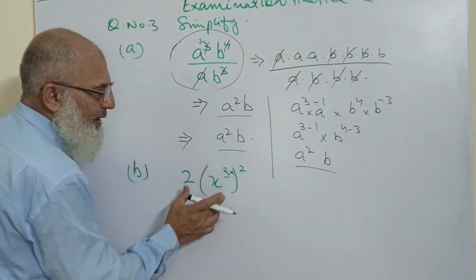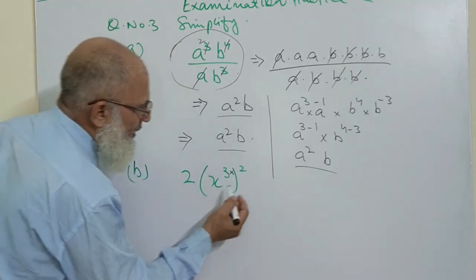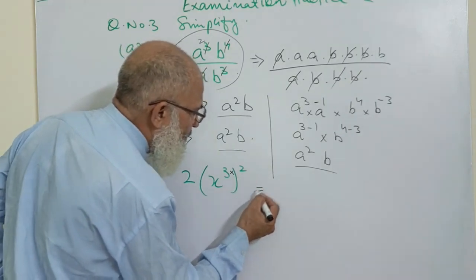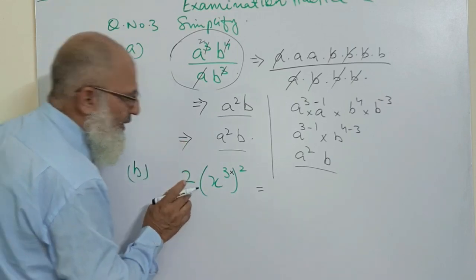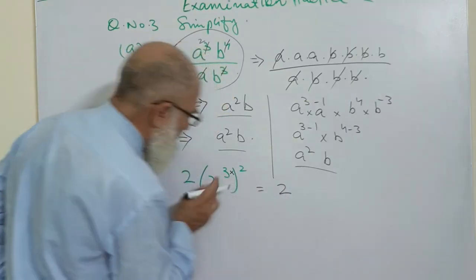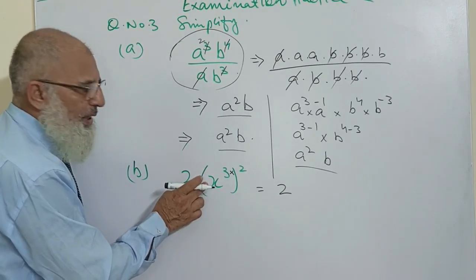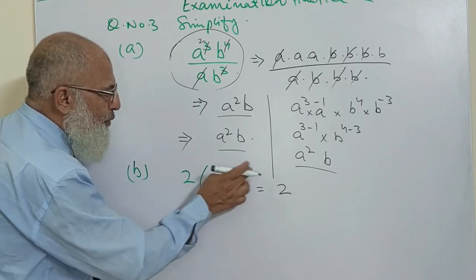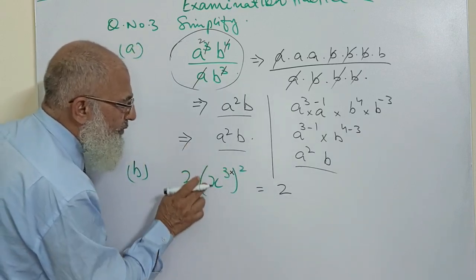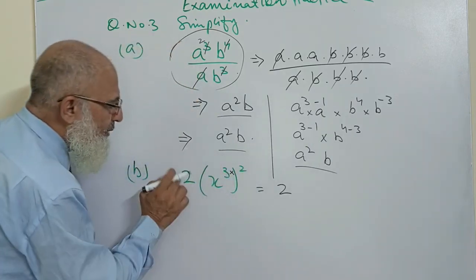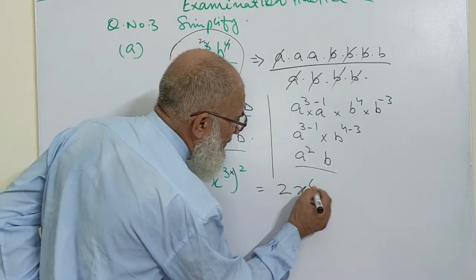When this situation occurs, you have to multiply the indices together. So there will be no change in this 2, because it is outside the bracket. If it had been inside the bracket, the square would have also applied to this 2. So it is outside the bracket, so there will be no change over here. So it will become 6.